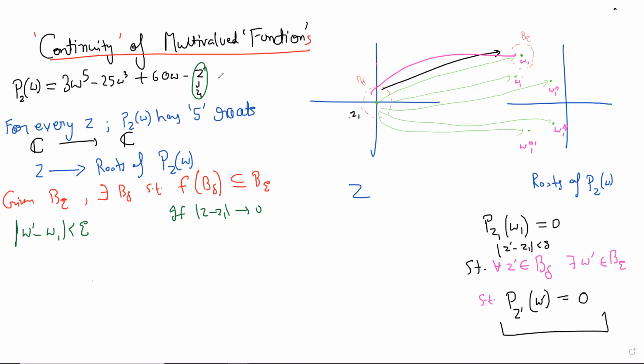So if the product of the roots is not changing too much, then at least one root must not change too much. It must not move too much apart. For Z1, the roots of Z1, at least one root of Z1 should be close to W1.